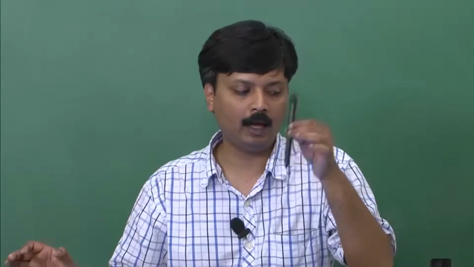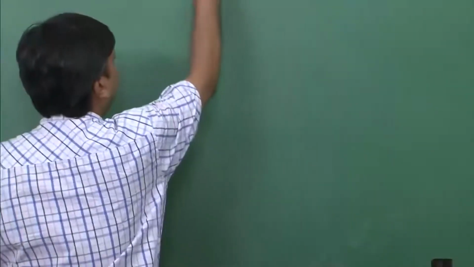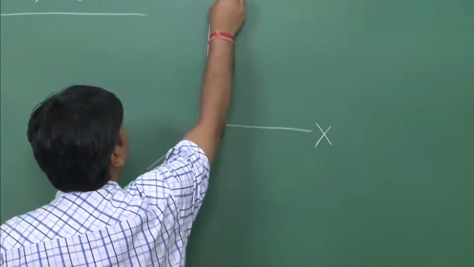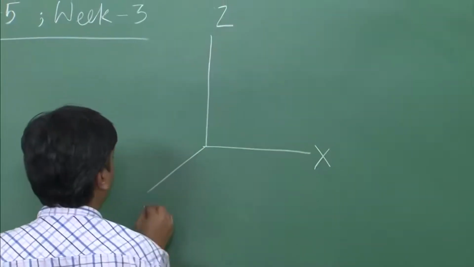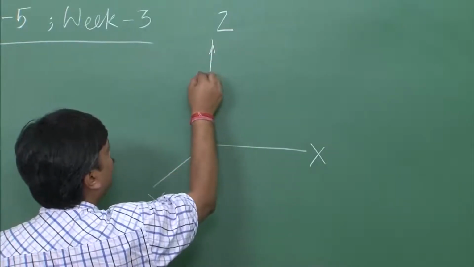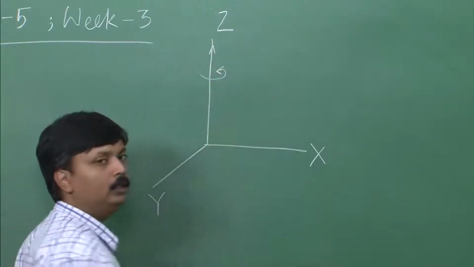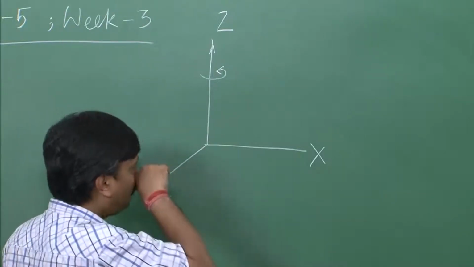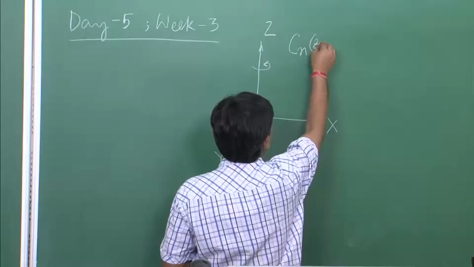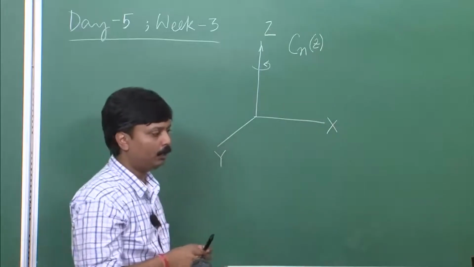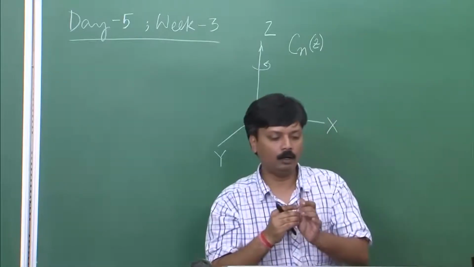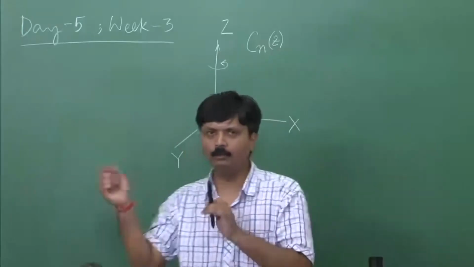So which means if I have the same coordinate system again here, then my principal axis of rotation will be about this axis. Okay. So I will say I have some Cn, as Cn z. That will tell you that the Cn axis is along the z coordinate of our Cartesian coordinate system, and then we will do all the operations.